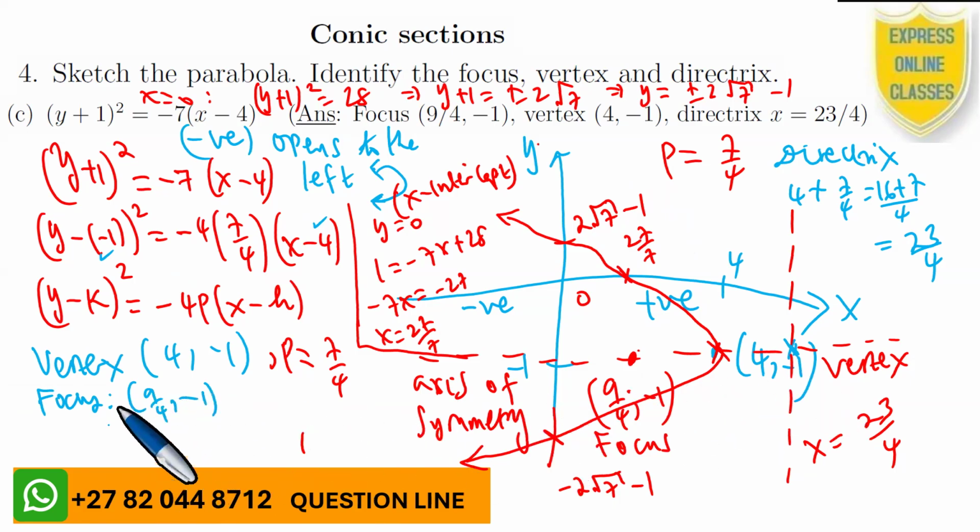And then the directrix is exactly what? It's x equal 23 out of 4. Okay, yeah, that's what we have. So this is what we got.